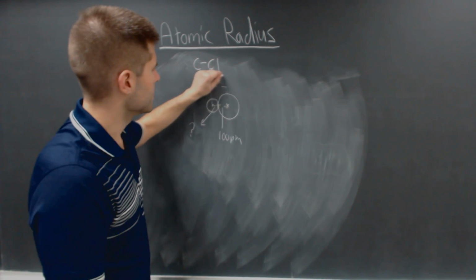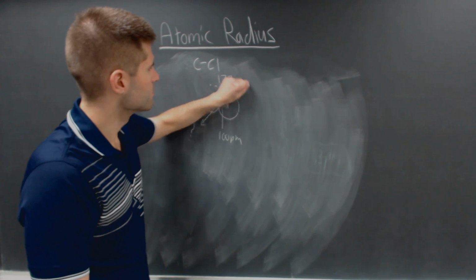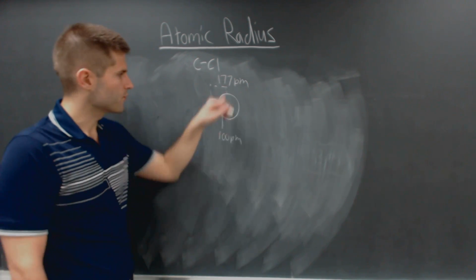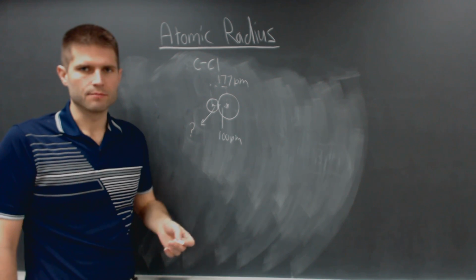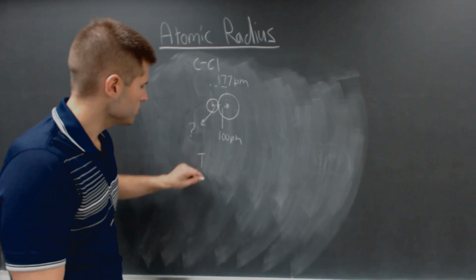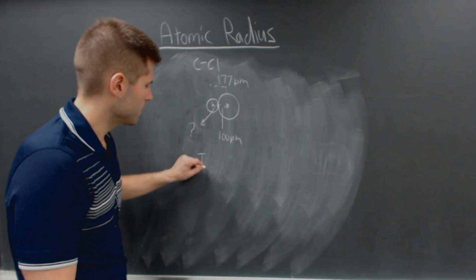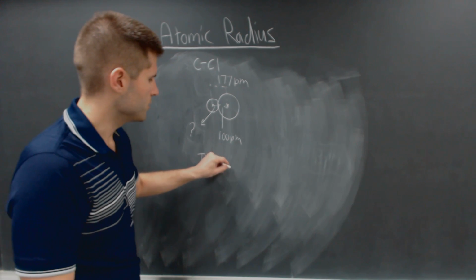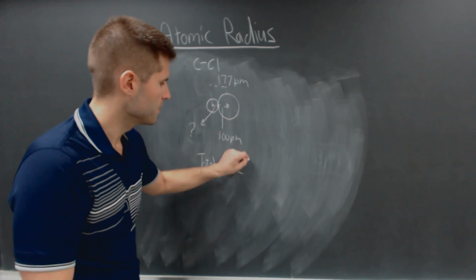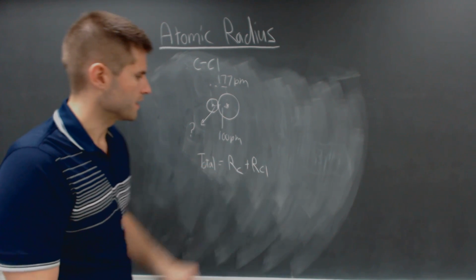And in this case, let's say it's 177 picometers. So now we have three different variables. We have one of them that is unknown. We can set up a simple equation. The total distance between the nuclei is equal to the atomic radius of carbon plus the atomic radius of chlorine.